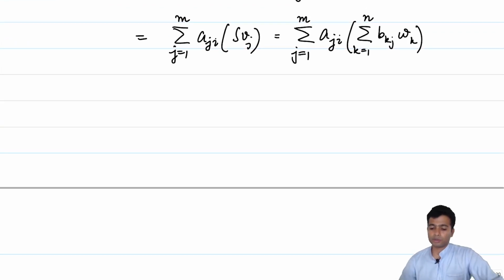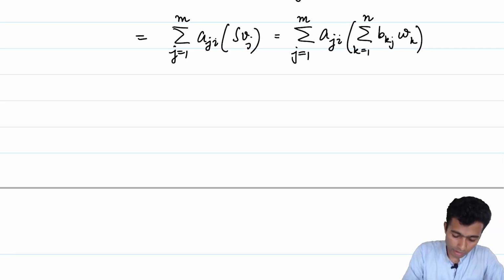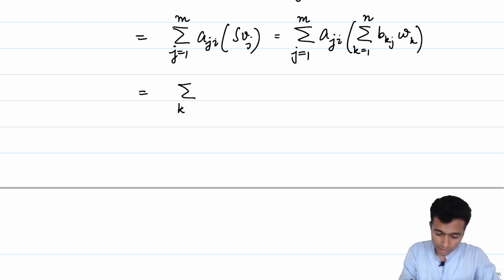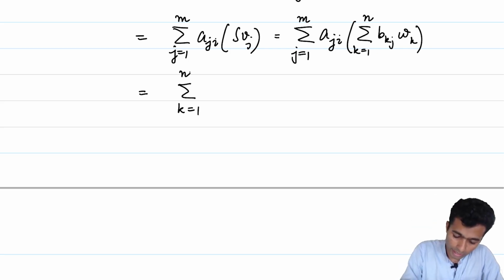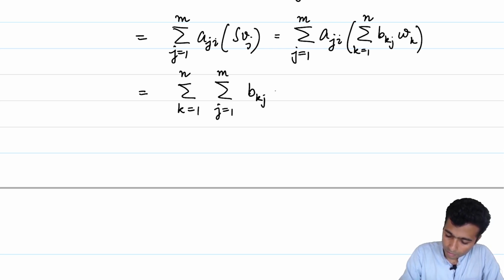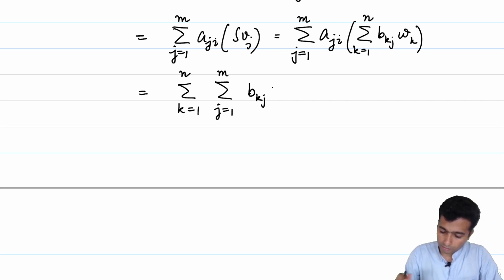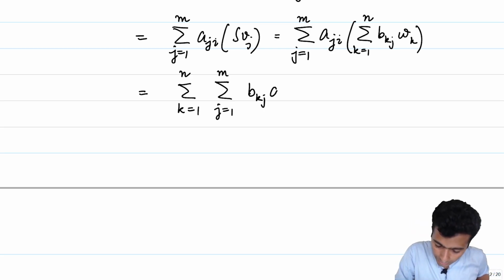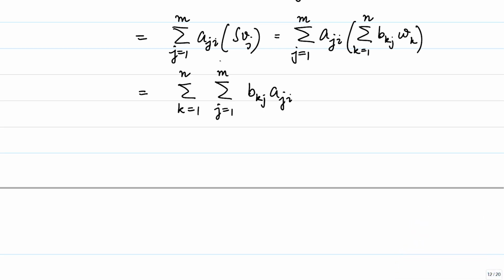And there we are in good shape now. Why? Because this is a finite sum. We can write it as summation k equal to 1 to n, summation j equal to 1 to m B_kj A_ji times w_k.